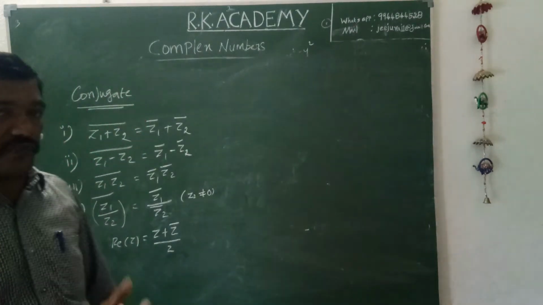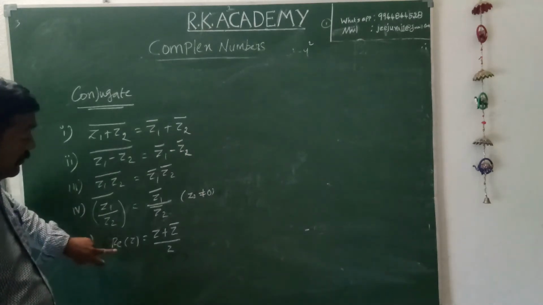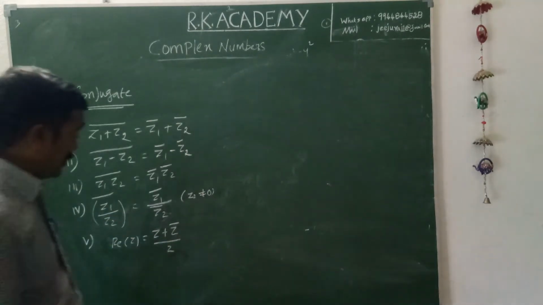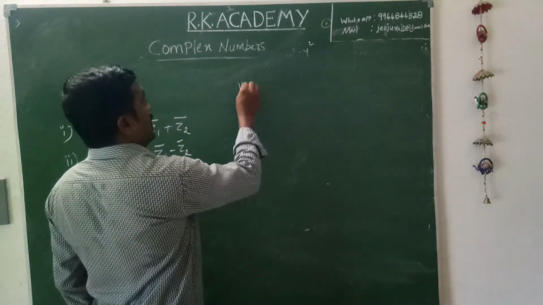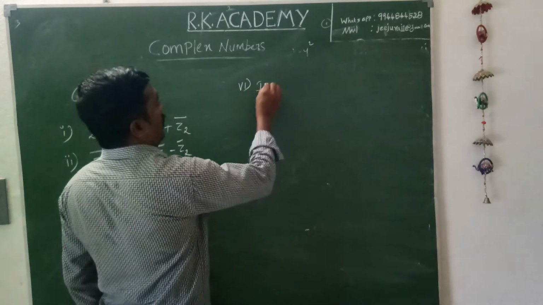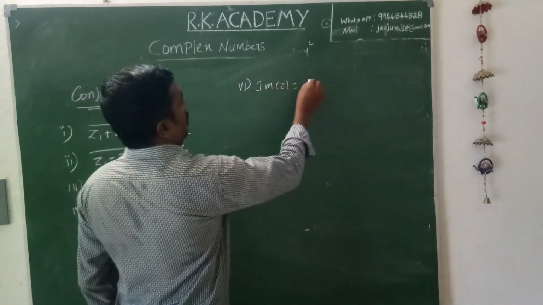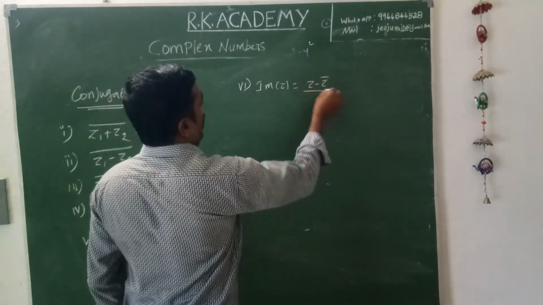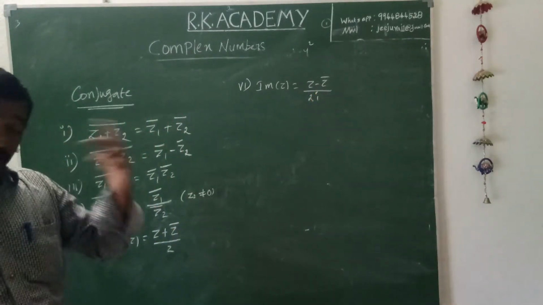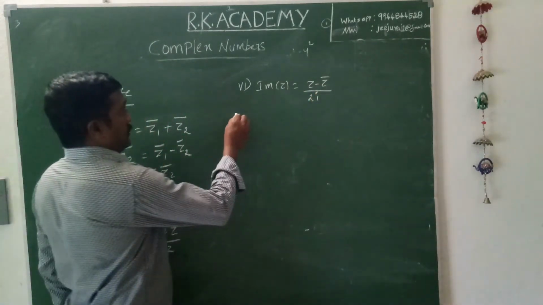In that exercise we may complete this one. Real part of z is equal to z plus z bar by 2. In the same manner, imaginary part of z is equal to z minus z bar divided by 2i. It's in the exercise problem. We will do it.